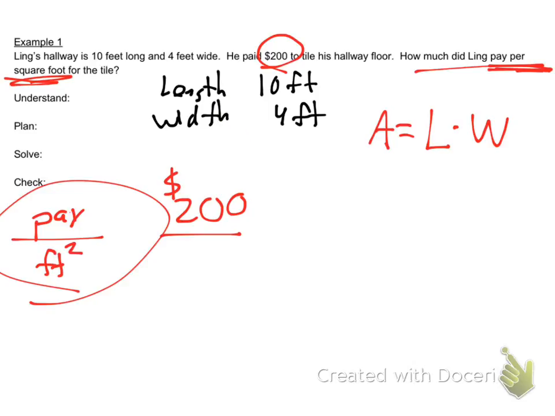So, I can say L equals the length, W equals the width, which equal 10 and 4. So that means area is equal to 10 times 4, which is 40 feet squared, right? Because feet times feet is feet squared.